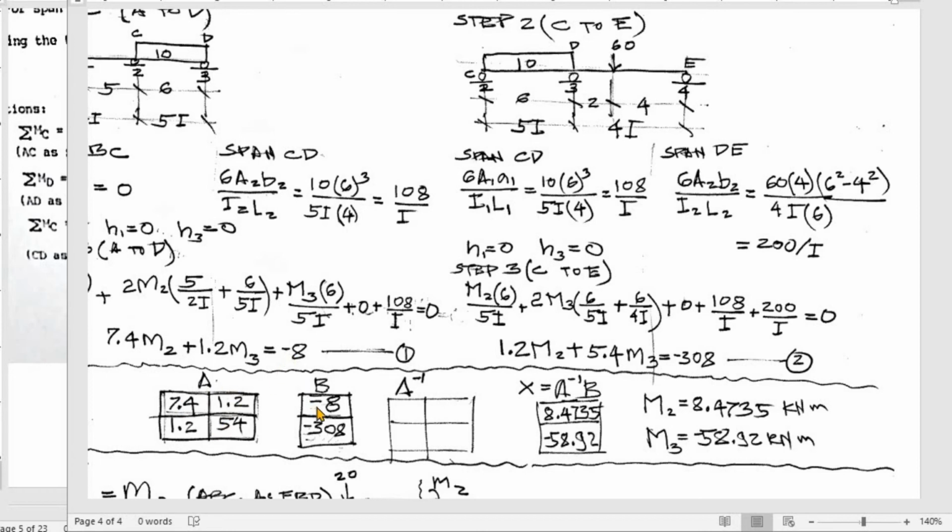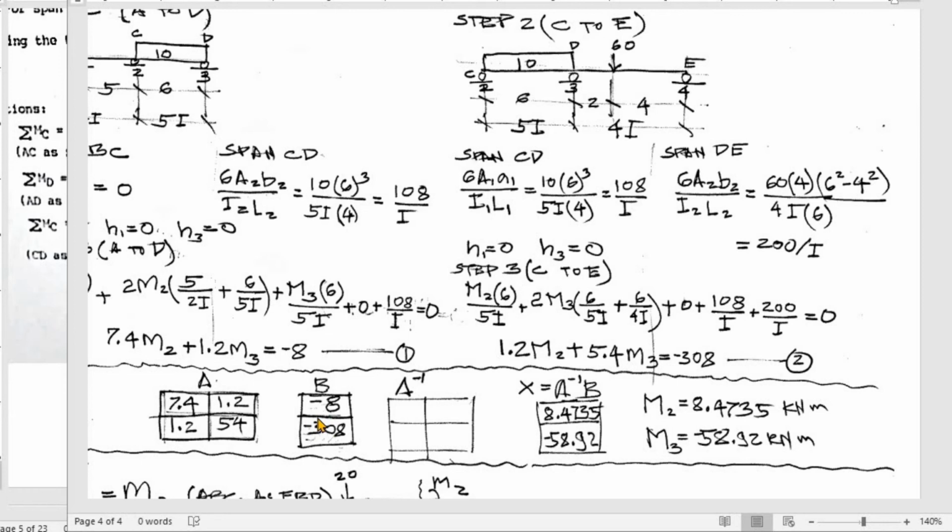Tapos yung negative 8, dito natin ilalagay yan sa B matrix. Okay, so remember that your matrix A is your coefficient matrix. Tapos B, ito yung nasa right side, okay? So, dito tayo ngayon sa equation 2. So, we have 1.2, tsaka 5.4. Ayan siya. And then, negative 308 nasa B matrix.